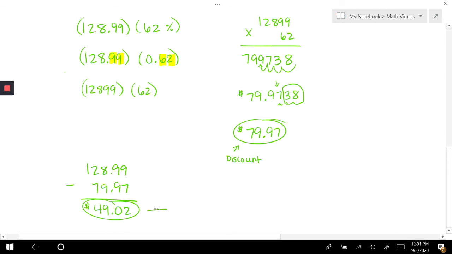And that's your final price. Again, we can decide if that makes sense to us to double check our work a bit using estimation. We're getting about a little more than half off of our price, which had been $128.99. And so this is more than half off, so it makes sense that I'm paying less than half for my item.